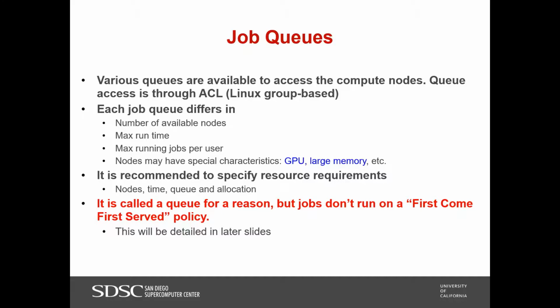Let me ask you guys a question: why is it not a first come, first served policy? Does it have to do with the wall time? Yeah, sort of, it has to do with the wall time.